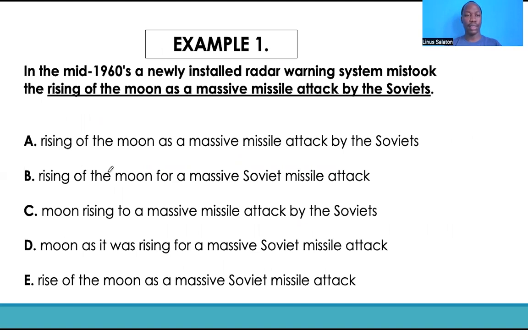So our sentence reads, in the mid-1960s, a newly installed radar warning system mistook the rising of the moon as a massive missile attack by the Soviets.